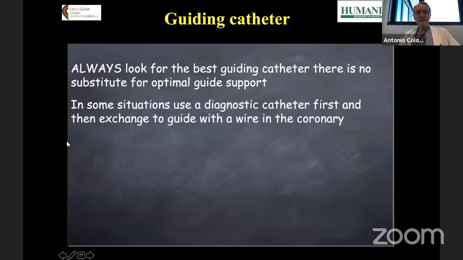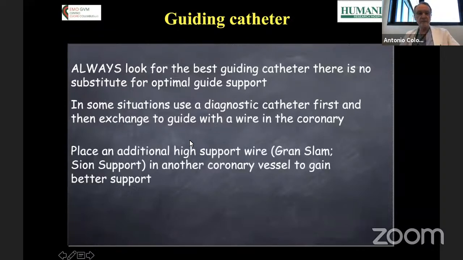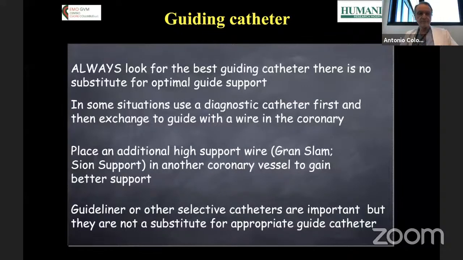In some situations, use a diagnostic catheter first and then exchange to guide with a wire in the coronaries. Diagnostic catheters sometimes are the best way to unlock the left main. Place an additional high support wire, Grandslam, Sion support, whatever, in another coronary vessel to gain better support.